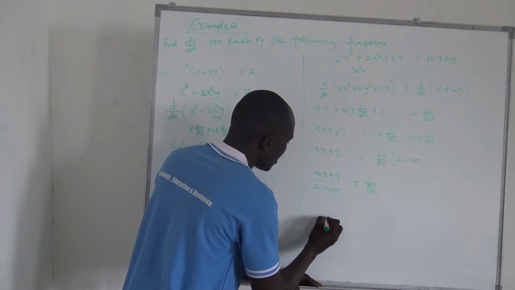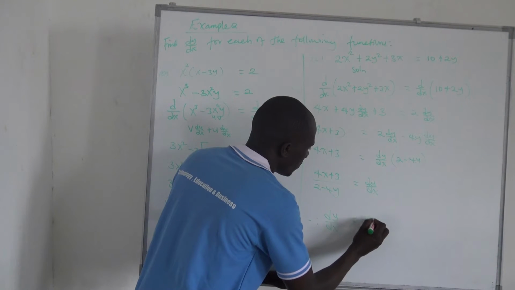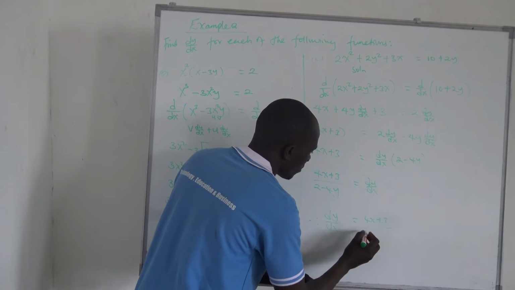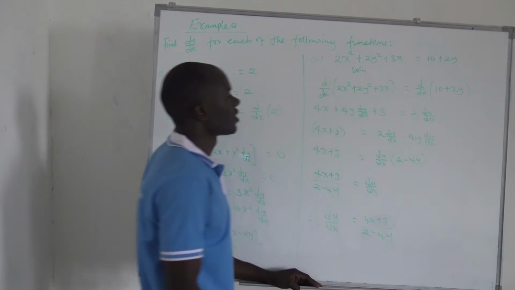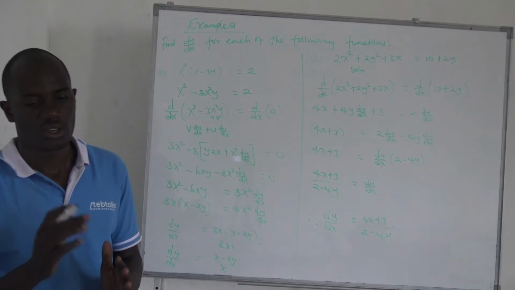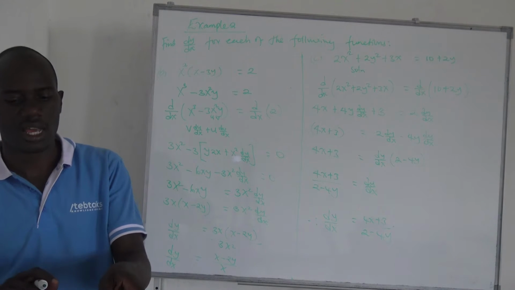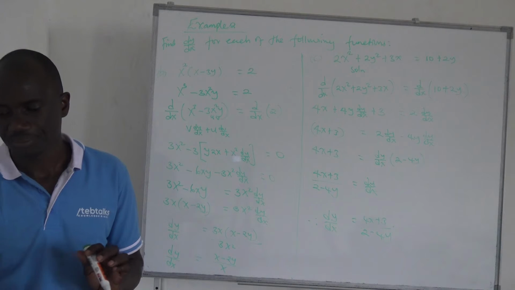So therefore, our dy/dx equals 4x plus 3 all over 2 minus 4y. That's how we differentiate such numbers. That's how we handle most of these numbers.